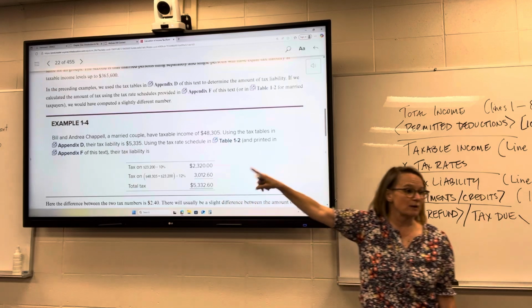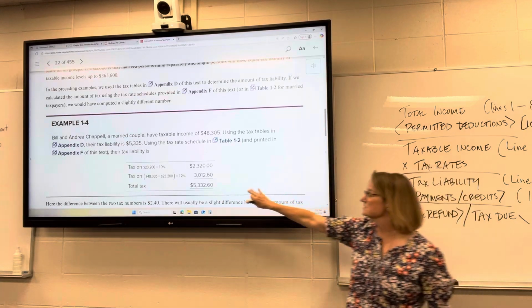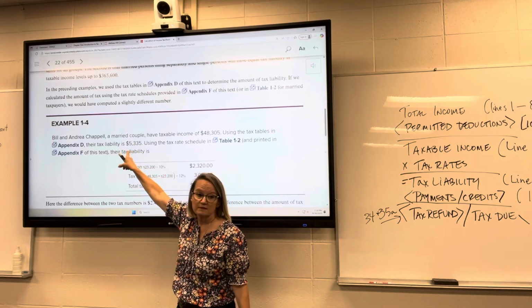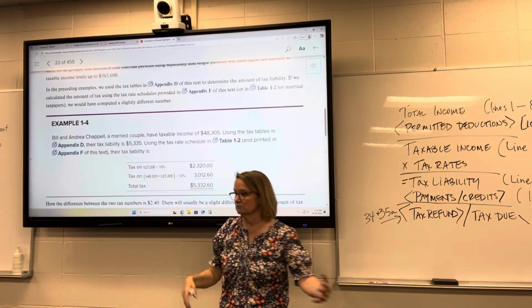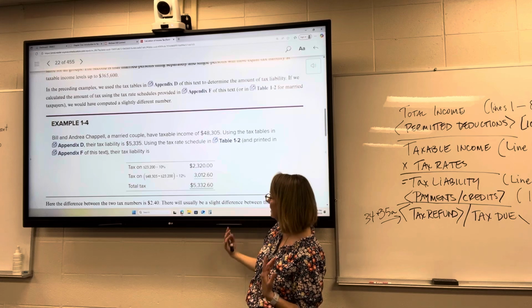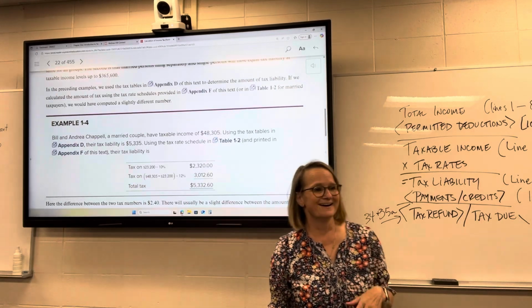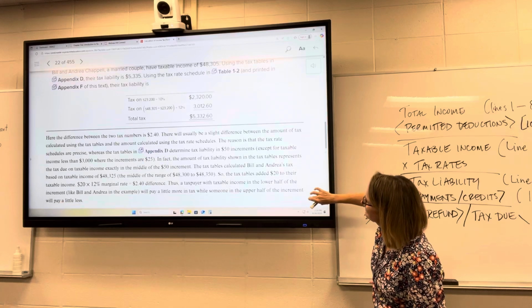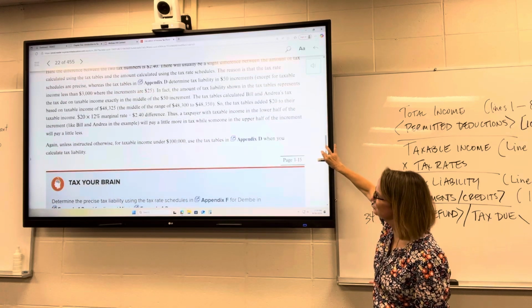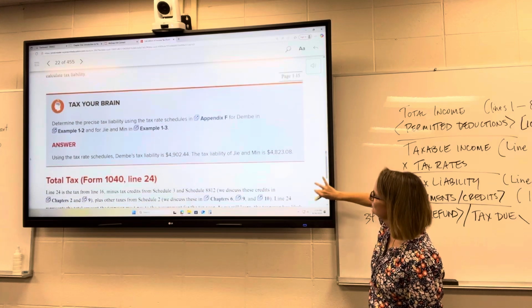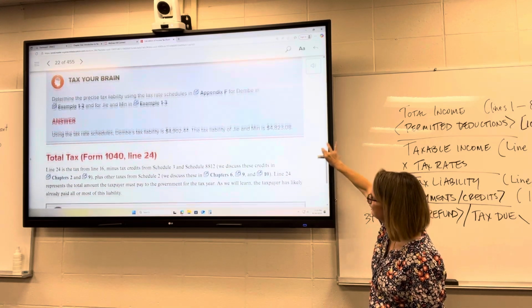So this shows you how it's just a little bit different, because this is more precise than this. So you'd probably want to use this to save your, what, $2.40. Every penny counts. So you can use whichever one is most advantageous. In your real life, you can use whichever one is most advantageous.